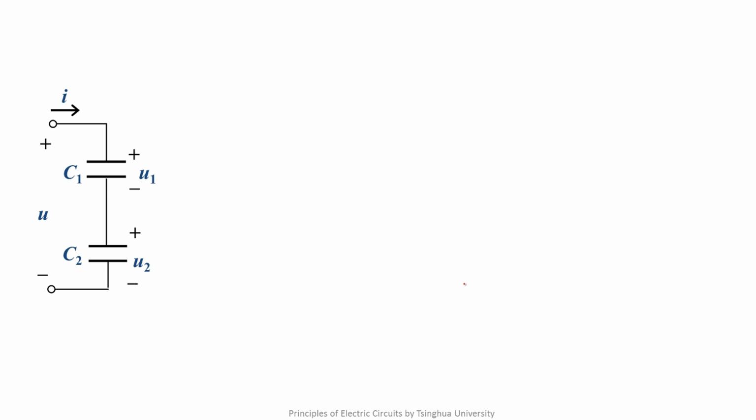For simplicity, we assume that the initial energy storage of the capacitors is 0. For the capacitor C1, u1 is equal to 1 over C1 times the integral of i, and C2 is similar. Applying KVL to the subcircuit, we have u equal to u1 plus u2.